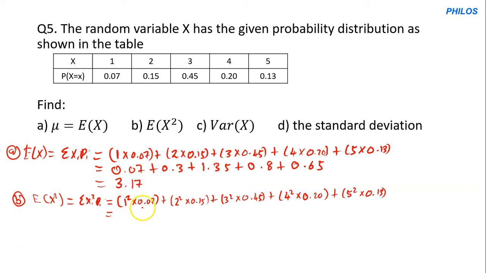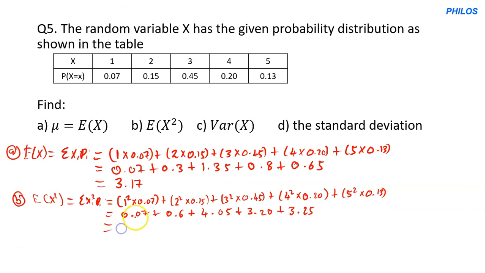1 squared is 1 times 0.07, we get 0.07, plus 2 squared is 4, and 4 times 0.15 gives you 0.6, plus 3 squared is 9, and 9 times 0.45 gives you 4.05, plus 4 squared is 16, and 16 times 0.20 gives you 3.20, plus 5 squared is 25, and 25 times 0.13 gives you 3.25.